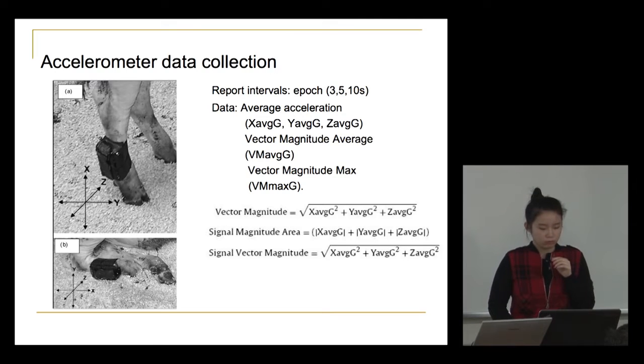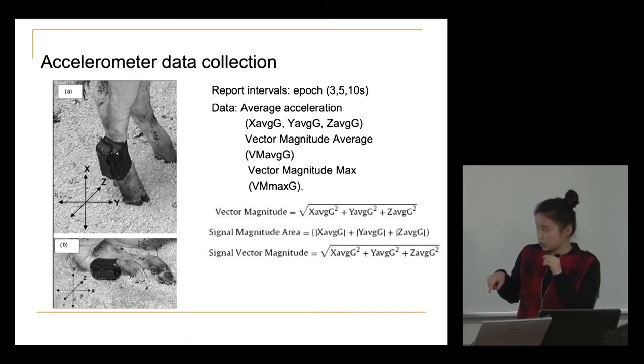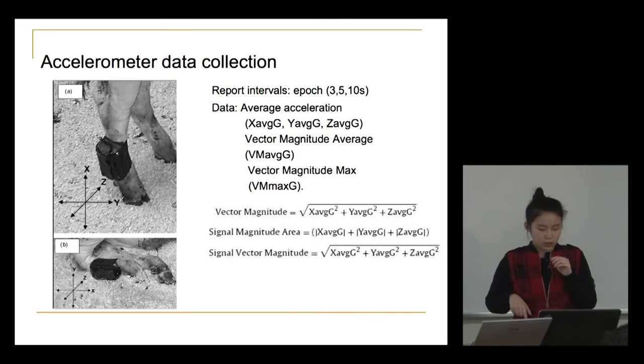In the first picture, the x-axis is perpendicular to the ground when the cattle is standing, and in the picture under that, you can see the y-axis is perpendicular to the ground when the cattle is lying.